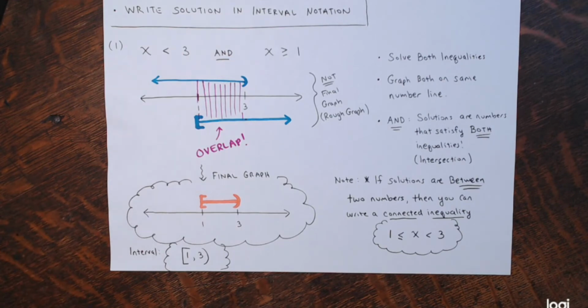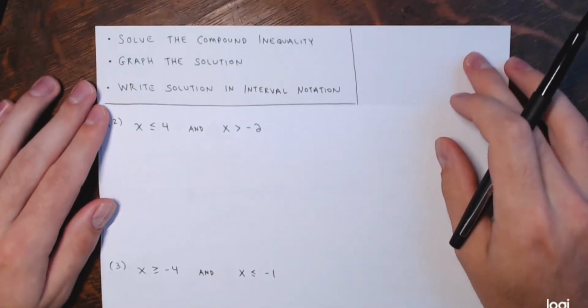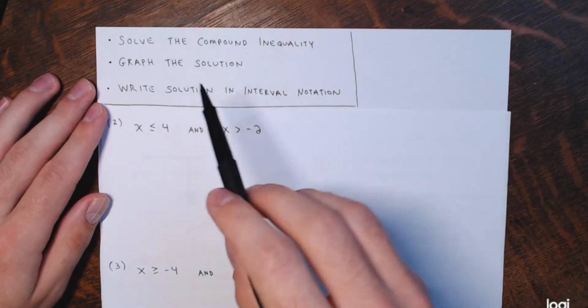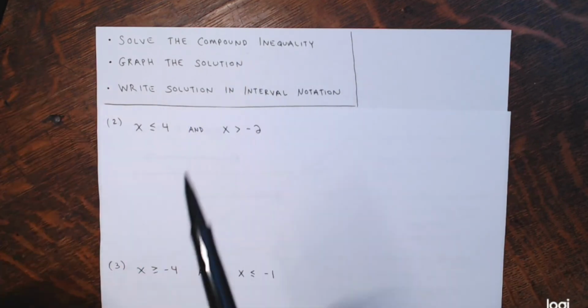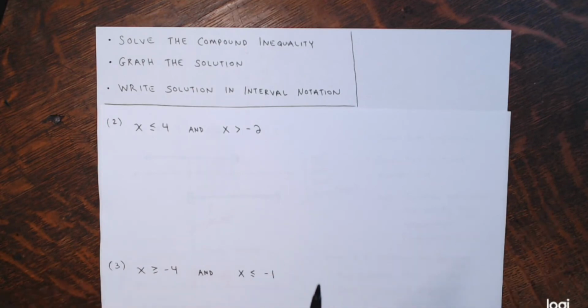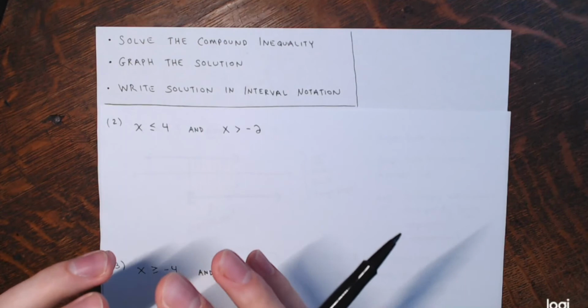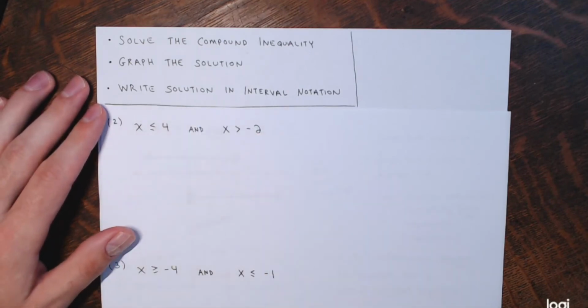Next example, same instructions. Solve the compound inequality, graph the solution, and again I'm going to make two graphs, one where I graph both of them, and then the final graph where I just show a picture of only the numbers that are solutions of the compound inequality, and then interval notation.